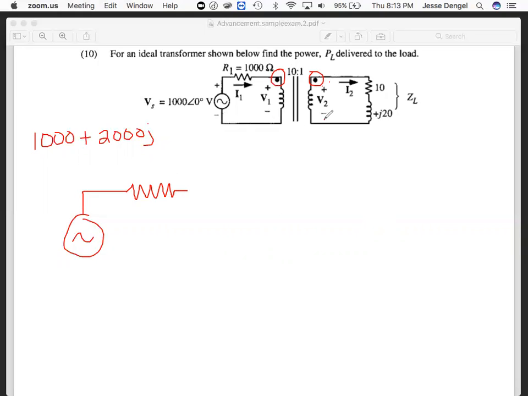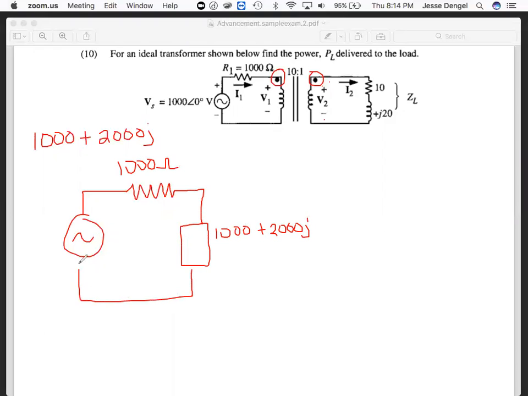So we have our original 1000 ohms here, and then our reflected impedance is going to be this number, the 1000 plus 2000J.